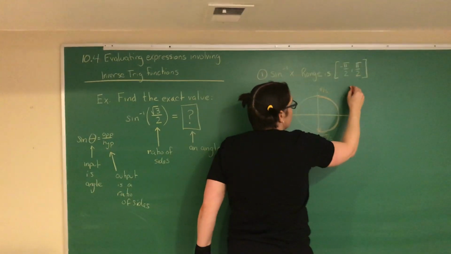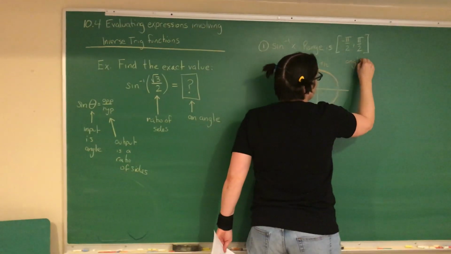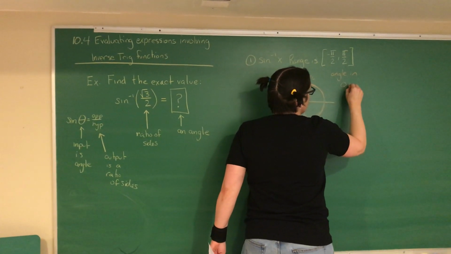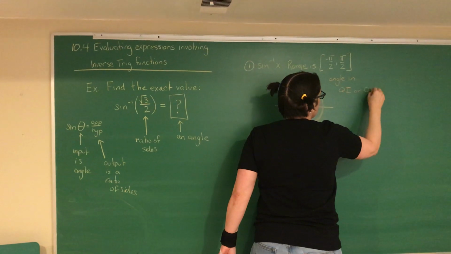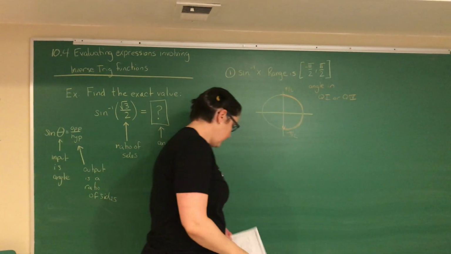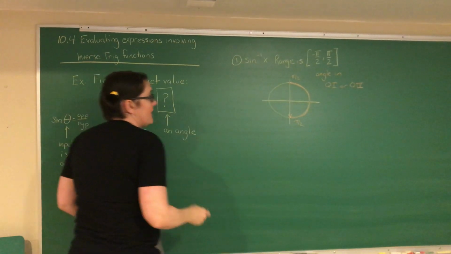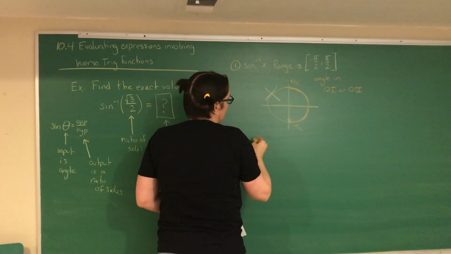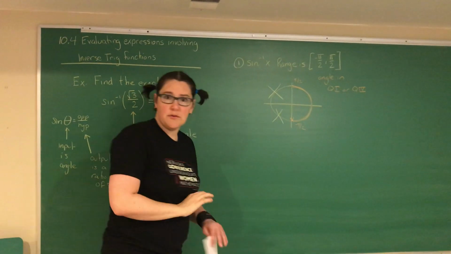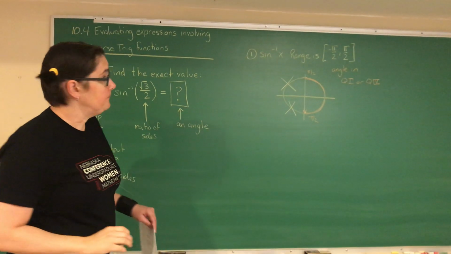So I'm looking for an angle in either quadrant 1 or quadrant 4. Okay. All right, so once I identify that means that there's no way that I'm going to be choosing an angle in quadrant 2 or in quadrant 3. They are just not allowed.